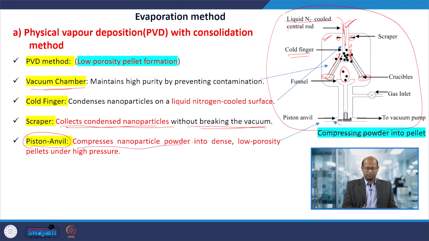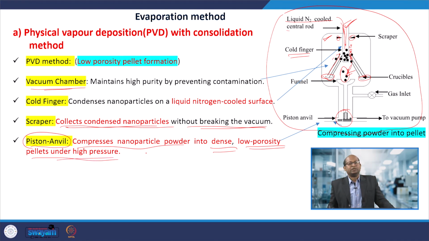Whatever nanomaterials are collected after scraping come to the piston anvil cell, where we can develop high pressures, and the powder nanoparticles that formed are densified into a low porosity pellet under pressure and collected from there. So at the bottom, the piston anvil cell is there.